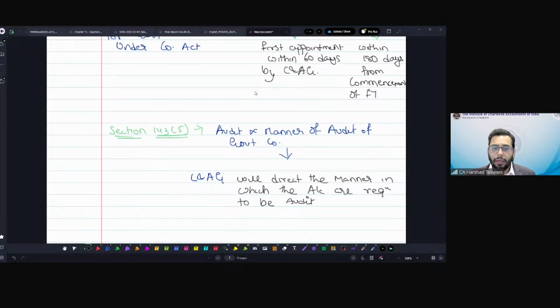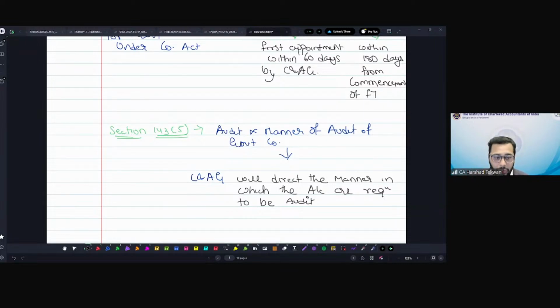Okay. Means C&AG will tell you how you are required to perform audit in case of this government company or that company. So along with the appointment, you will get detailed instructions from the C&AG, where they will provide, this is how you are required to do audit in case of the government company under Companies Act. I'm not talking about a specific act, or departments or functions.